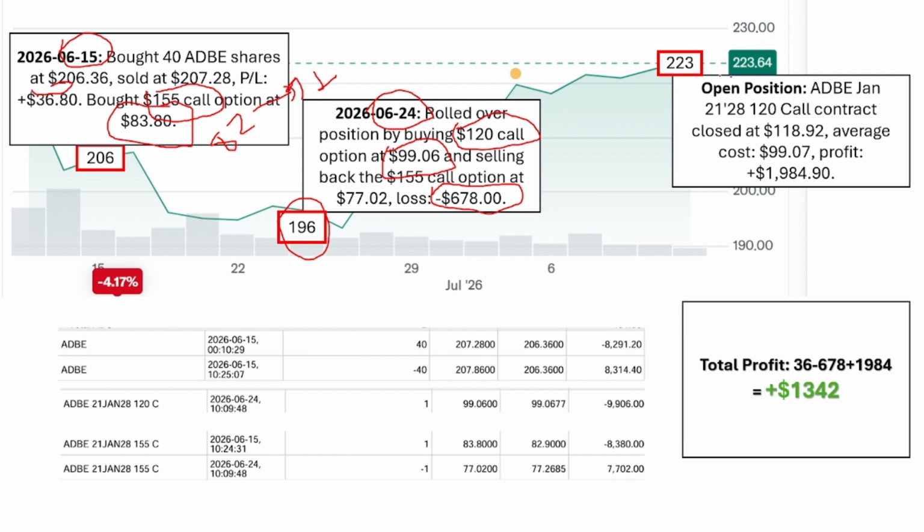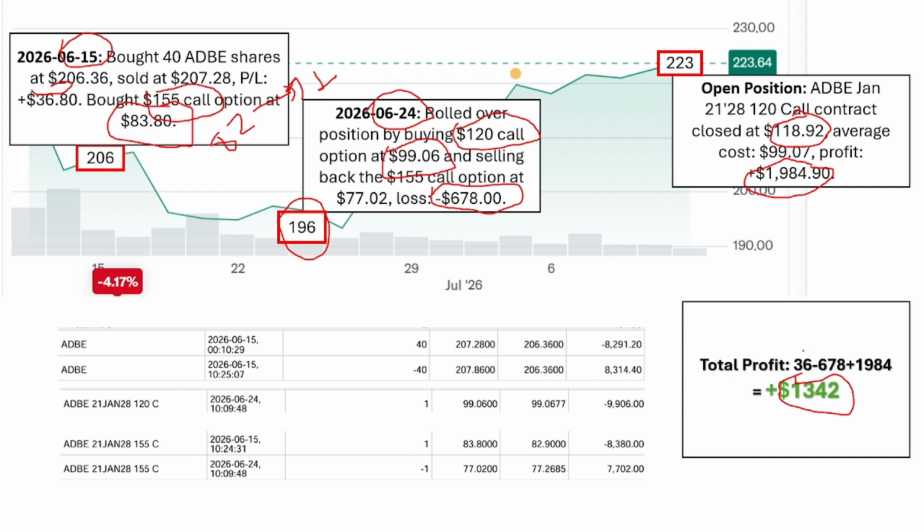you see at present, July 10th, at the time of recording, this option has gone to $11,892, and that's why you are seeing a profit of $1,984. But if you calculate the entire change, the net profit I have made on this so far is $1,342.